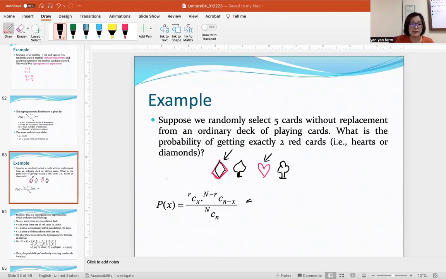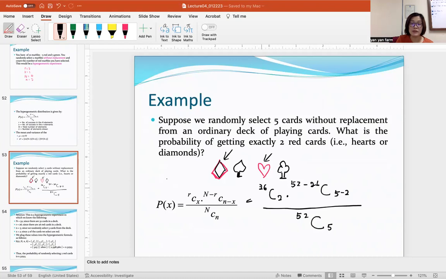We know that R is 26, and we are getting only 2, times the big N, which is 52, minus R, which is 26, combination small n, which is 5 minus 2. So the big N is 52 and the small n is 5.